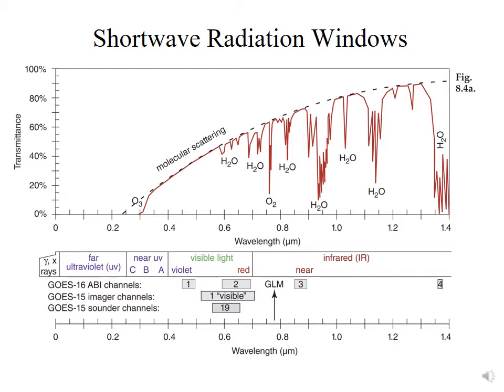But there are bands in there where the atmosphere is essentially transparent to near infrared as well. Those would be windows. There are several windows. There's a nice big window between about 1.2 and 1.3. There's another window between about 0.85 to 0.87 and 1 to 1.1.